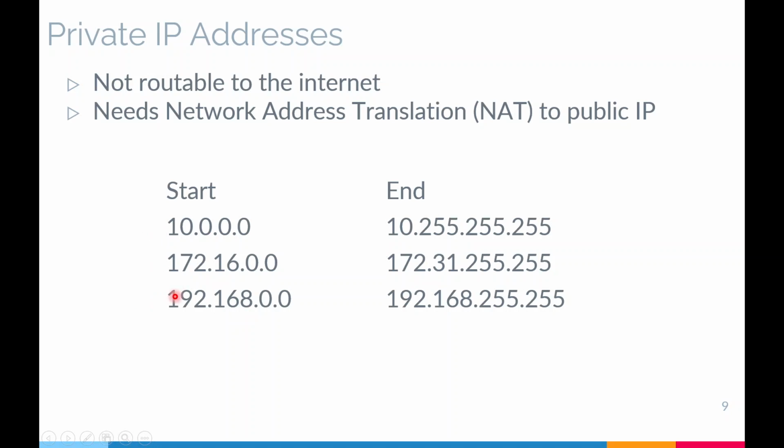The router, which is connected directly to your ISP, will have a public IP, and the router's job is to convert this private IP to a public IP, and using that public IP the device can access the internet. We'll try to understand this network address translation in detail in the next slide.